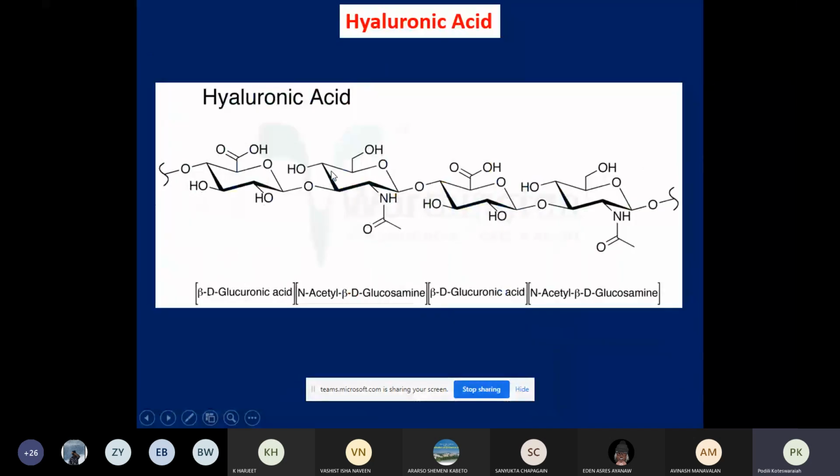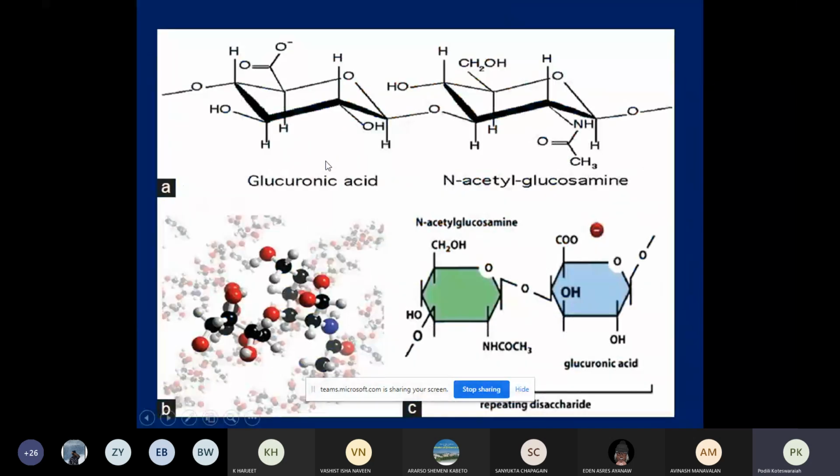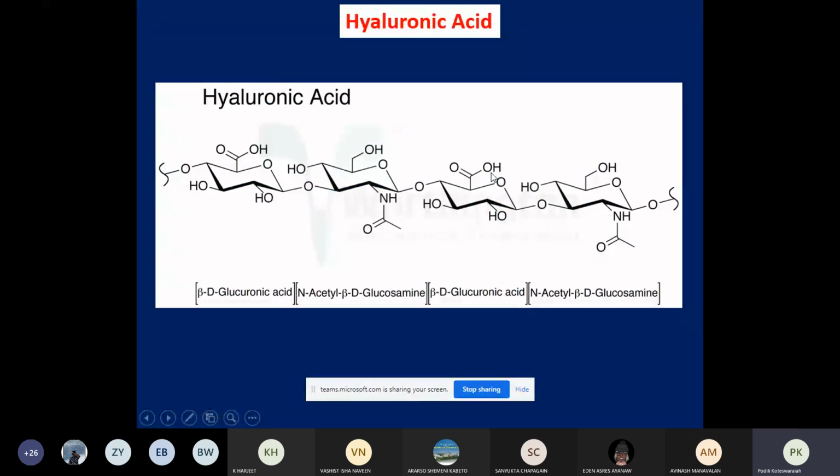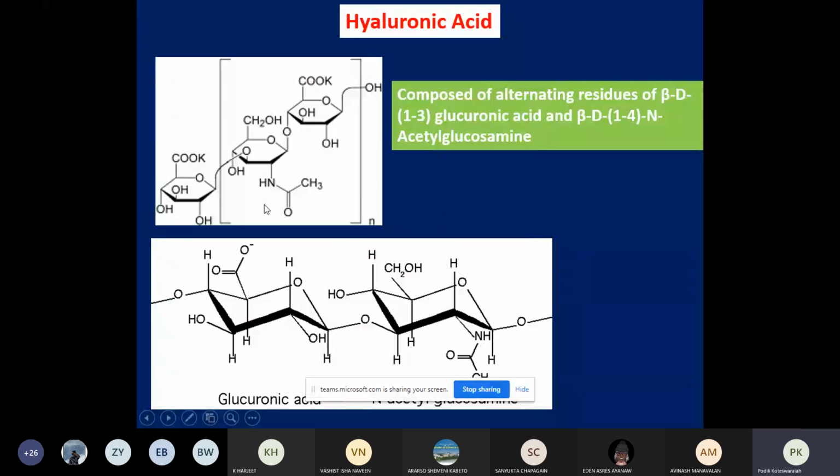You can see here that it is glucuronic acid and N-acetyl glucosamine with beta-1,3 and beta-1,4 alternate linkages. So throughout, glucuronic acid, N-acetyl glucosamine, glucuronic acid, N-acetyl glucosamine, it is a polymer of several disaccharide repeats consisting of glucuronic acid and N-acetyl glucosamine with beta-1,4 and beta-1,3 alternate linkages.